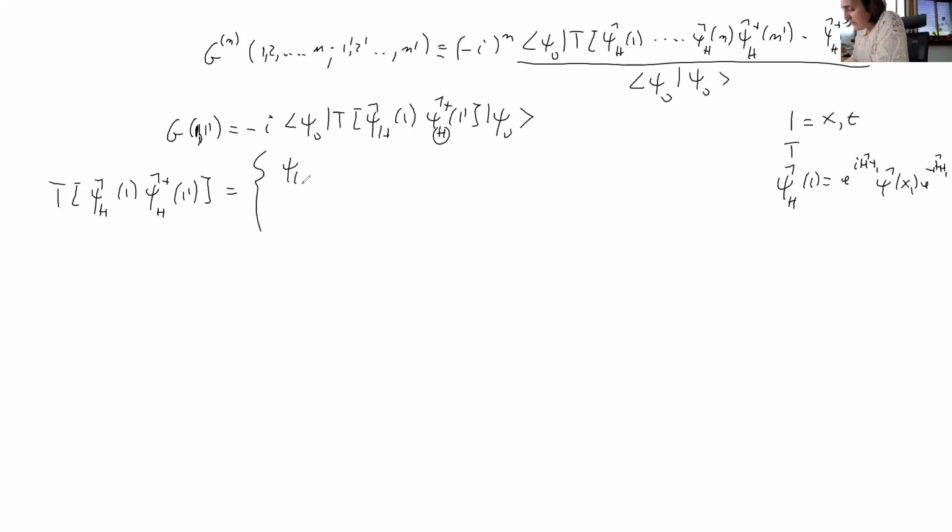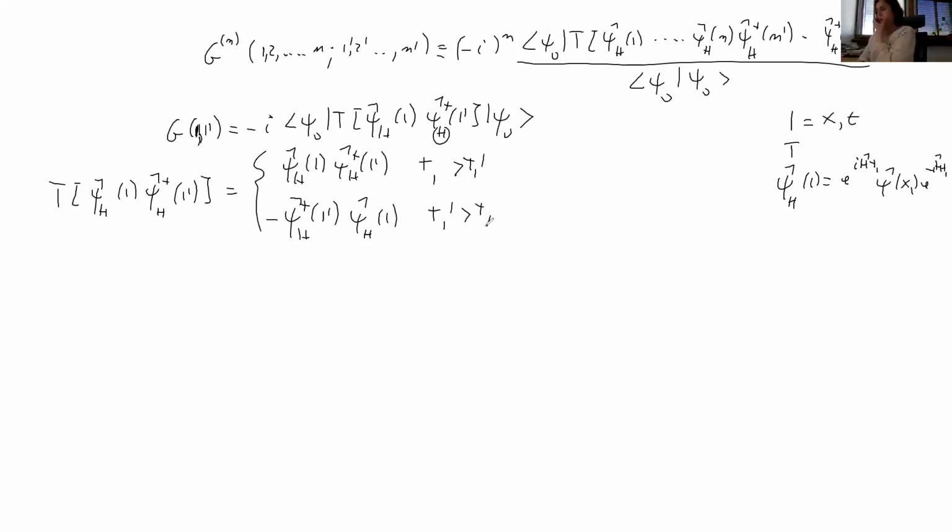So I can have either this psi dagger, when T1 is bigger than T1 prime, or I have a minus, because now I have to interchange them. Due to the anti-commutation relation between the field operators, I put a minus sign, okay? For T1 prime bigger than T1. So I have these 2 time orderings, so overall my G can be written in an explicit way.